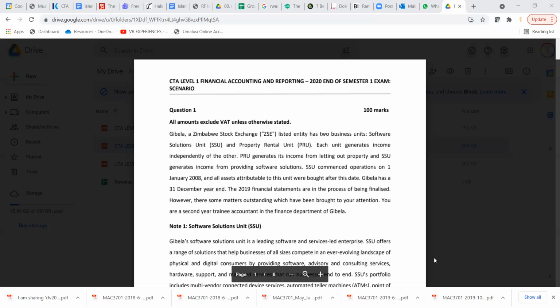If this was investment property or inventory or PPE, the moment it meets the definition, we can go straight into the accounting treatment because there's no other layer. But in financial instruments, once we say it's a financial instrument, we then need to tell them what type: financial asset, financial liability, or equity. So just be aware of that.